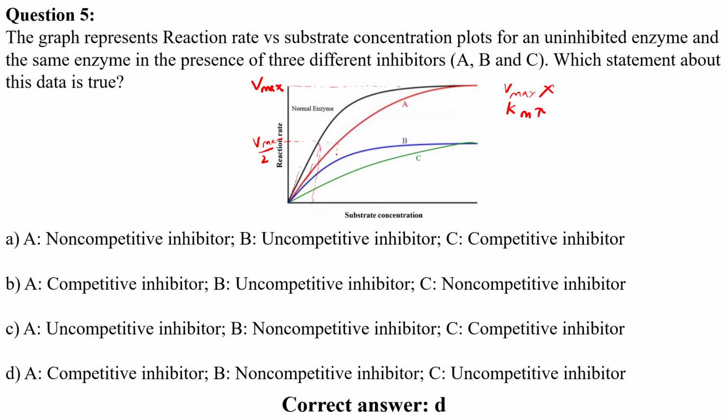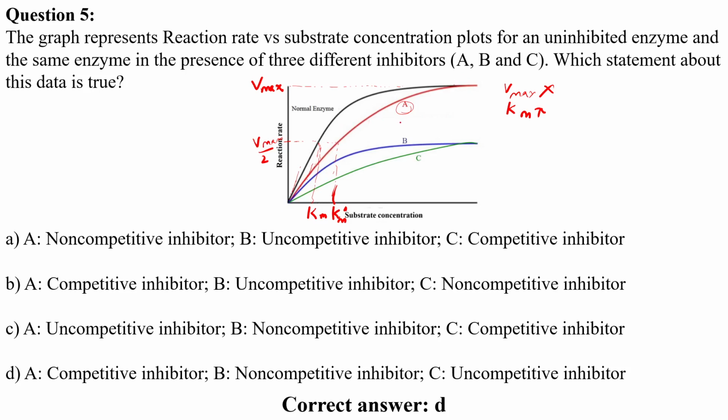Okay. So this is the Km for the normal enzyme. This is the Km for the inhibited enzyme, which is inhibited by inhibitor A. So A is competitive inhibition because the Vmax is not changing and the Km is increasing.